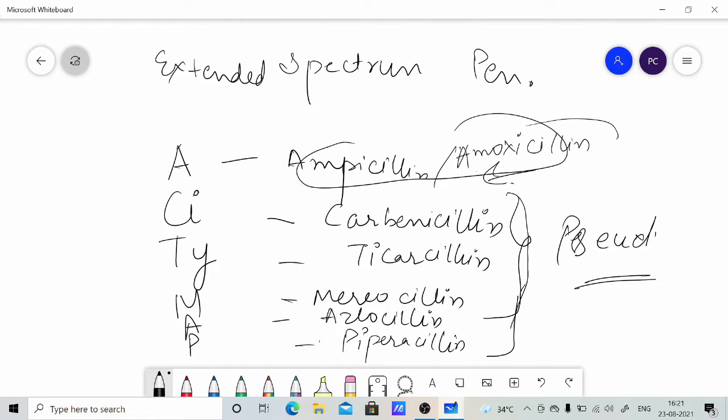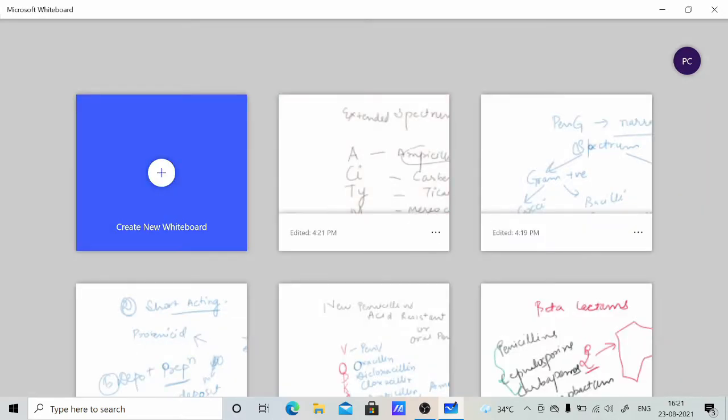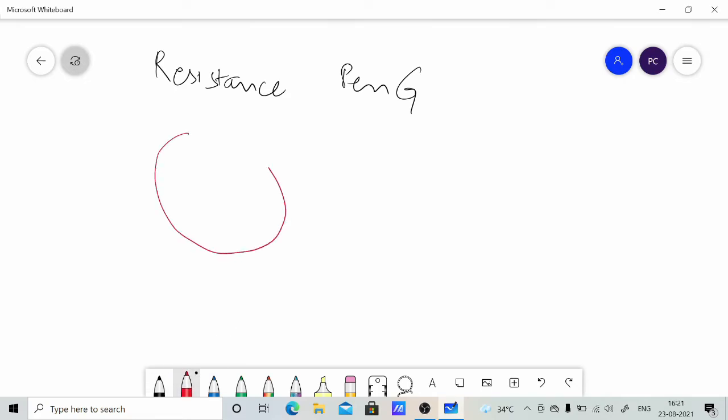Now going back to our fourth limitation, people usually develop resistance against penicillin. How do they develop resistance? Consider a bacteria, right?